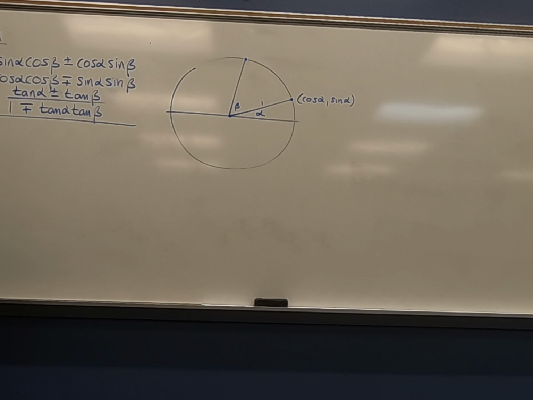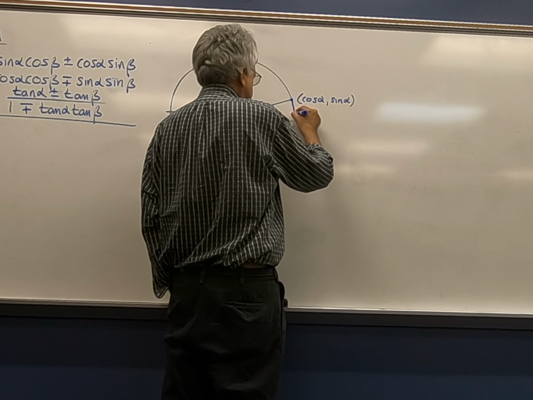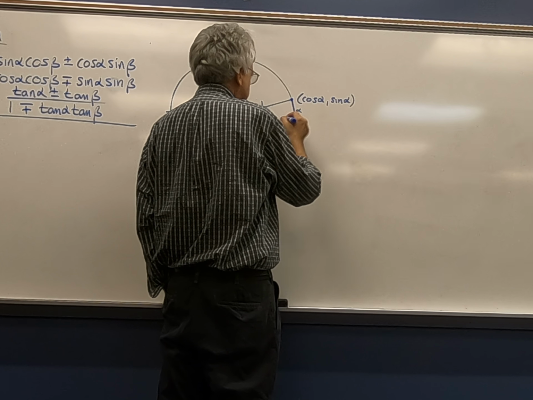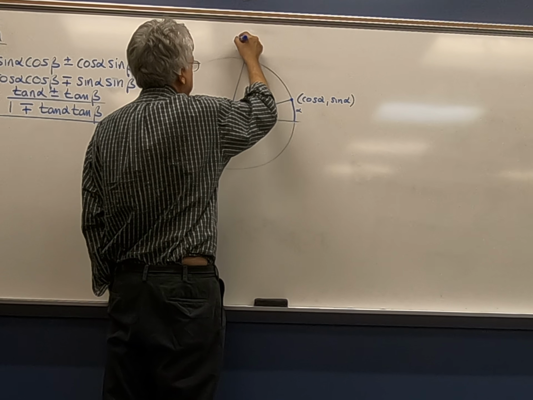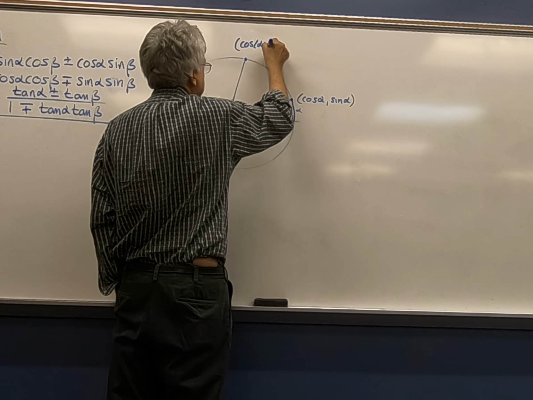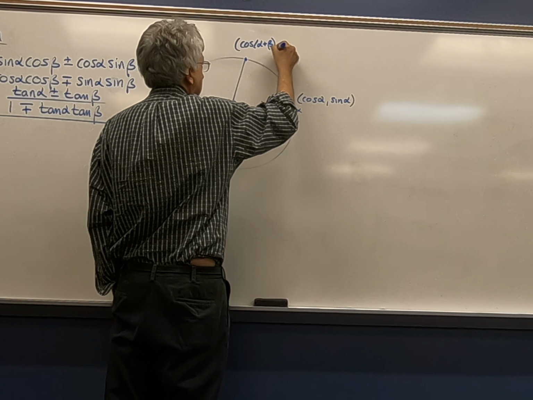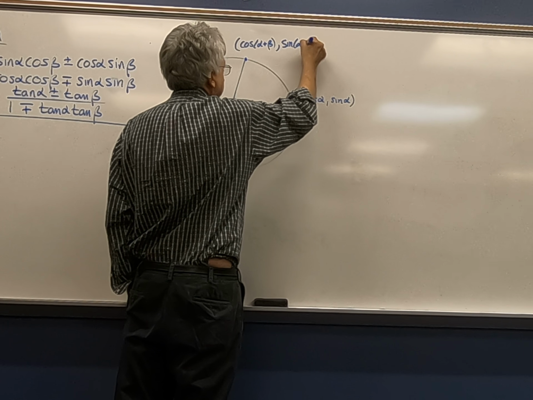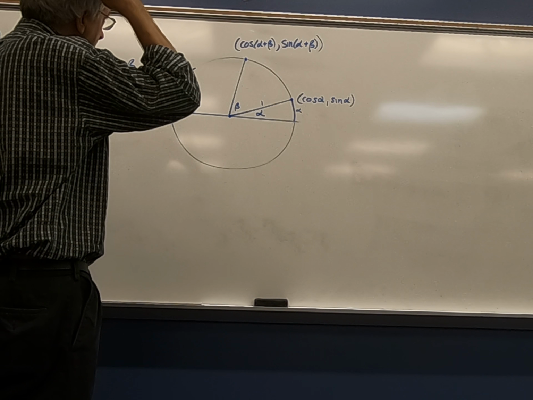So the terminal point traveling at distance alpha around the perimeter will take you to that terminal point, and then up here we'll have cosine alpha plus beta, right? Because we got the two angles together, right? They added up here. And sine alpha plus beta is the terminal point up there.